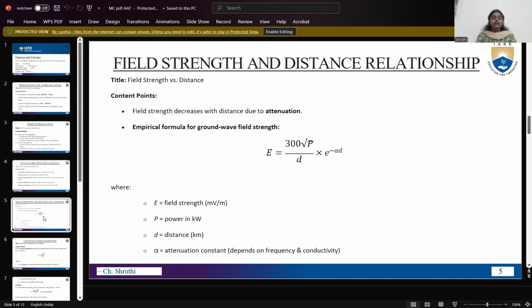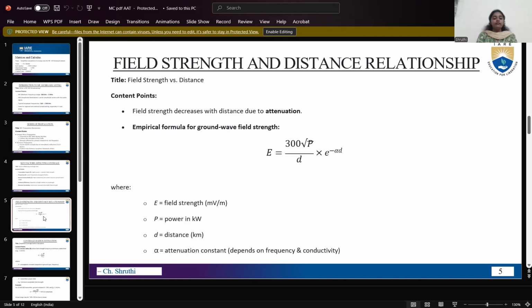The formula is E equals 300 root P by D into e power minus alpha D, where E stands for field strength, which is measured in mV/m. P stands for power in kilowatts, and D stands for distance, which is measured in kilometers.